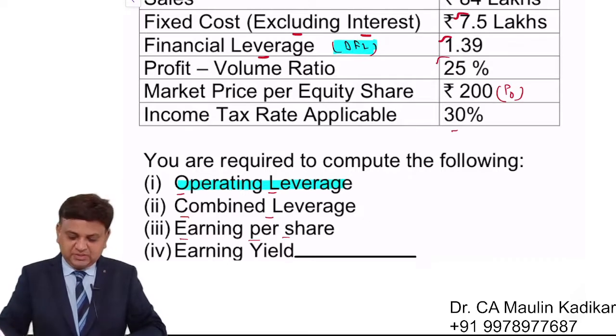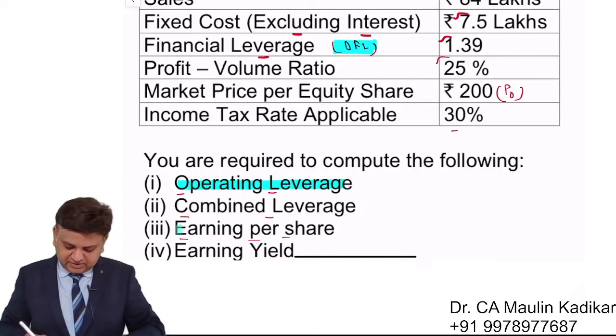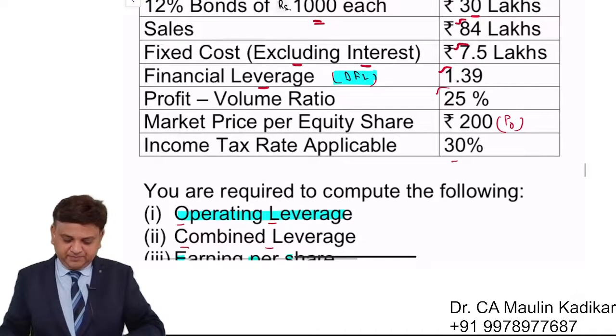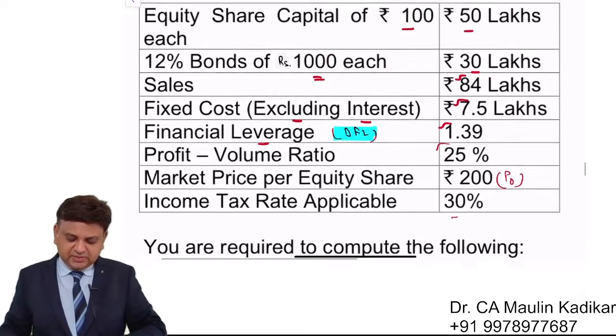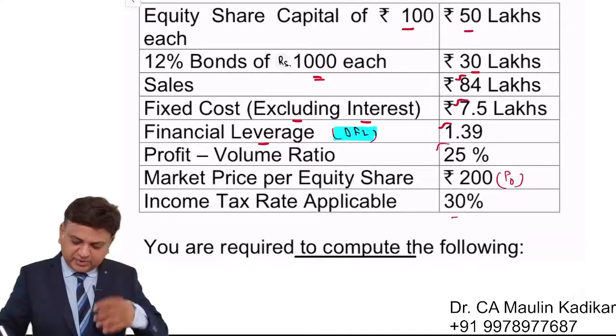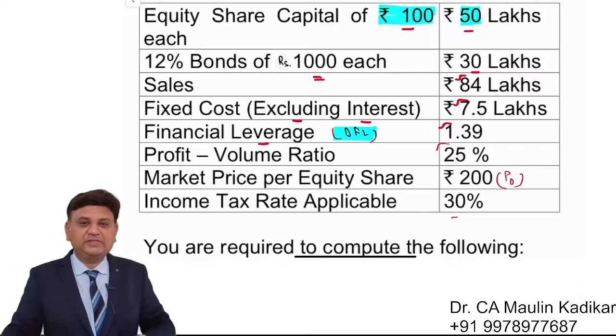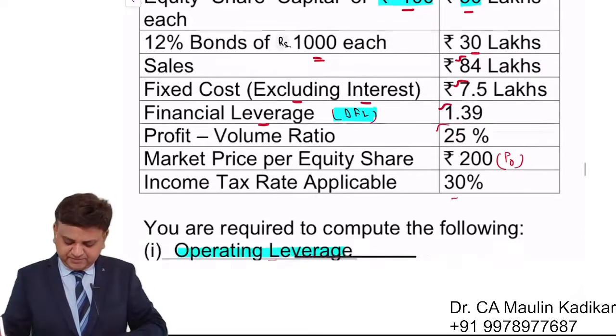The third question is calculation of EPS. Now for EPS calculation, you can see that the information is provided to us with respect to the share capital of 50 lakhs, face value of equity share is 100, so that will give us the number of equity shares.